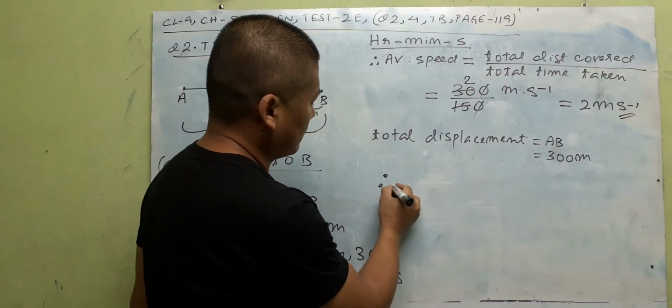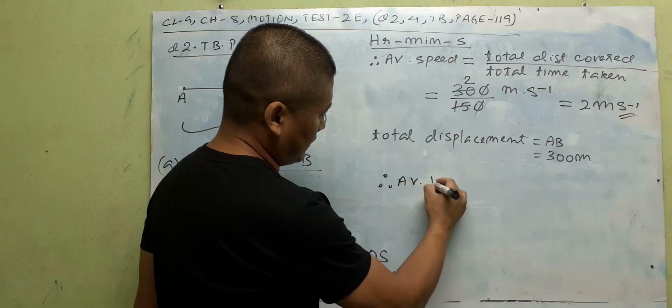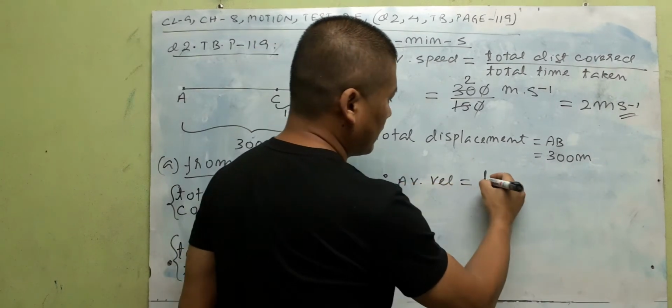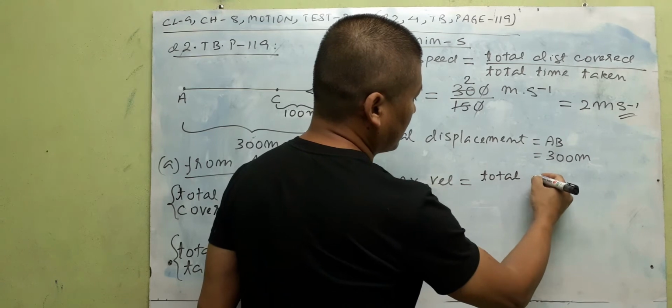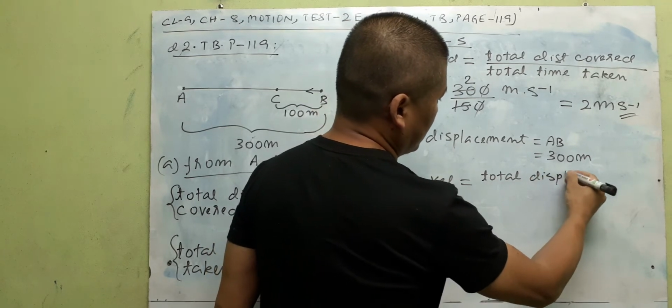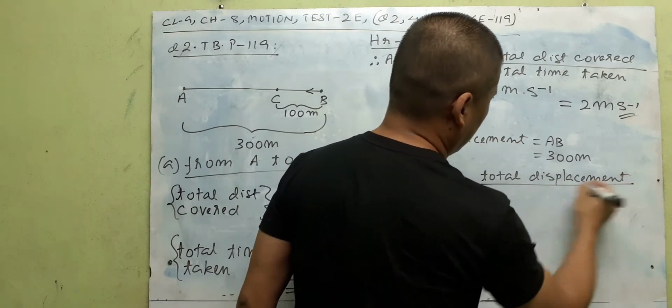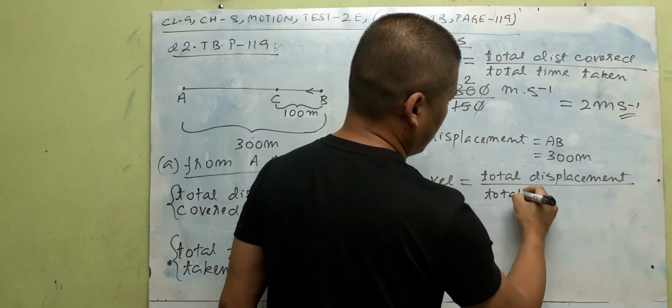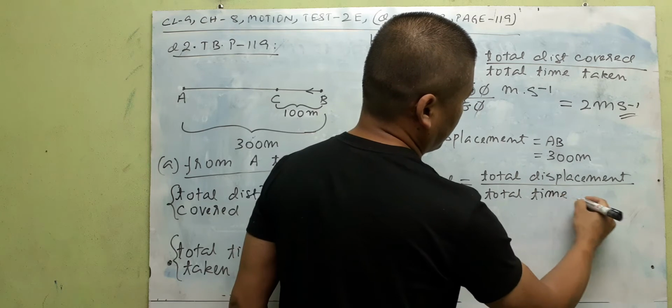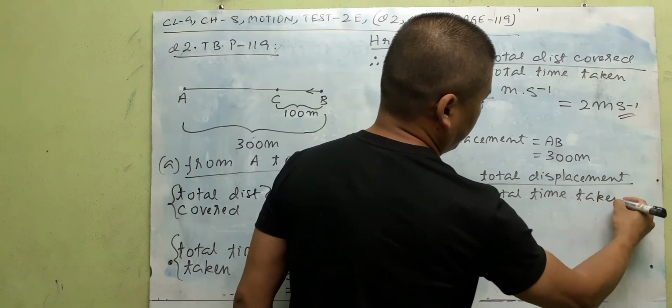So therefore, his average velocity will be equal to, only difference is the formula, his total displacement divided by total time taken. Total time taken by him.